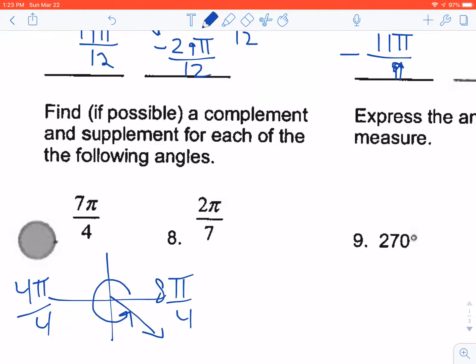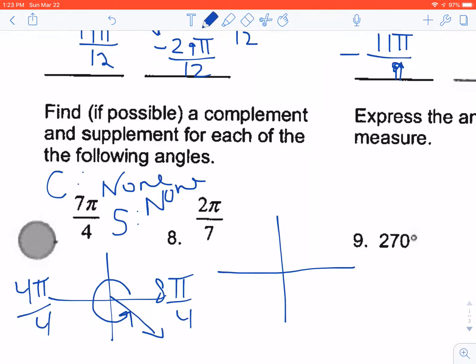So it's already past 90 degrees, or pi over 2. So there is no complement, and it's also past 180 or pi, so there's no supplement. We don't use negative angles to figure out complements and supplements. They're going to be acute or obtuse, but they're always positive.